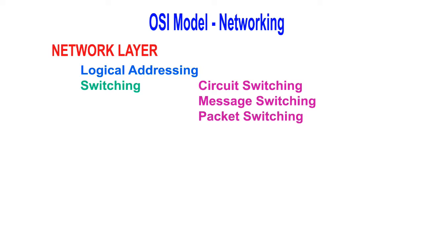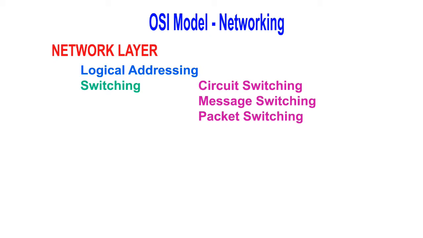Packet switching. Packet switching combines the advantages of both circuit switching and message switching. Packet switching breaks datagrams into small parts called packets. Each packet is constructed with source and destination addresses so that it works through the internetwork and finds its destination.